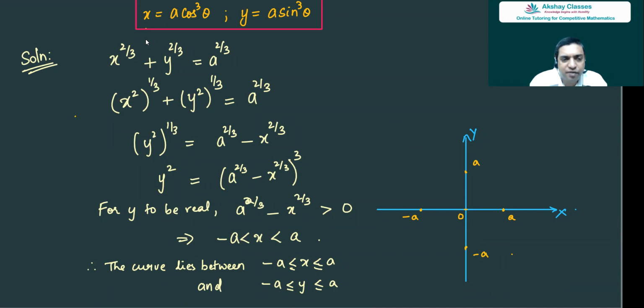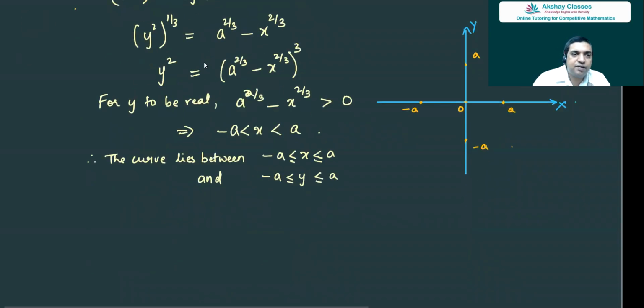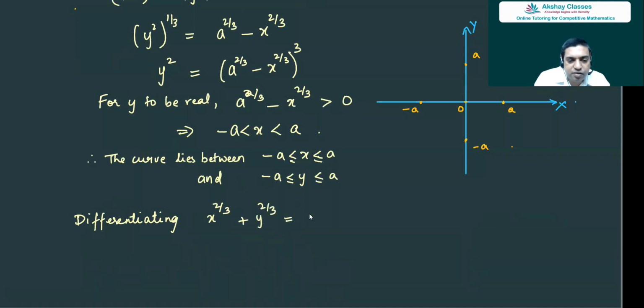So we'll have to differentiate and see how the curves look. So let us differentiate. Now differentiating, x to the power 2 by 3 plus y to the power 2 by 3 is equal to a to the power 2 by 3.